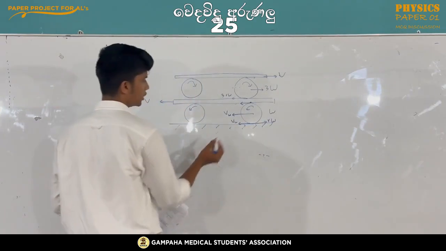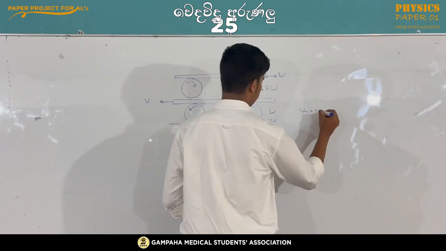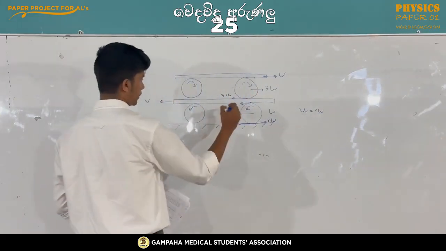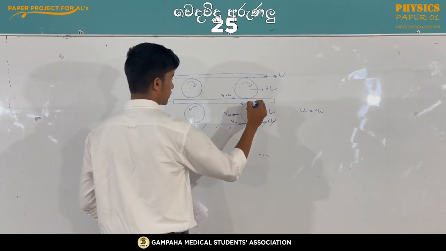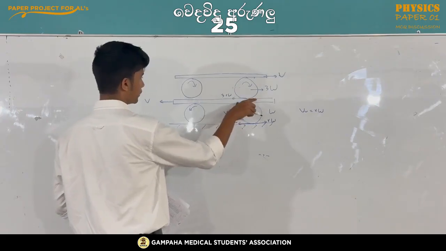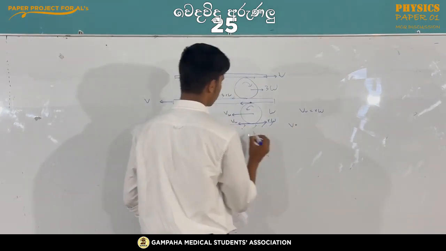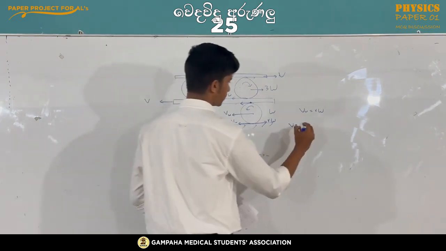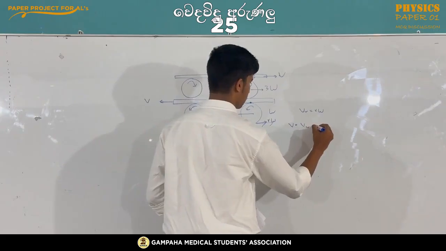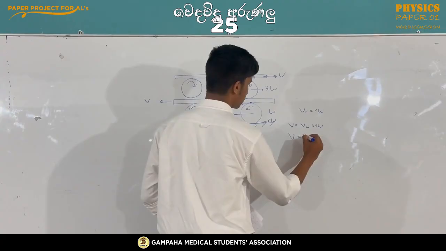Since the velocity at the lowest point is 0, v_w is equal to r omega. And at this point, the velocity v of the plank is equal to the velocity at this point. So v is equal to the addition of v_w and r omega. Since v_w is equal to r omega, v is equal to 2r omega.